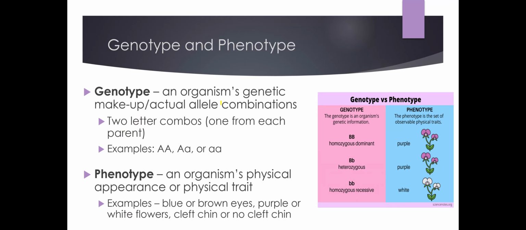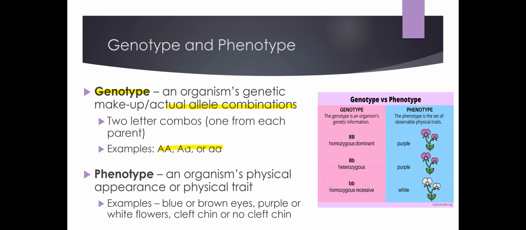All right, now some other terms that we use today that came from Mendel's work are genotype and phenotype. The genotype are the genes or the allele combinations, essentially our letter combos. Remember, we always get one from mom and one from dad. So we have two capital letters, that would be two dominant alleles.